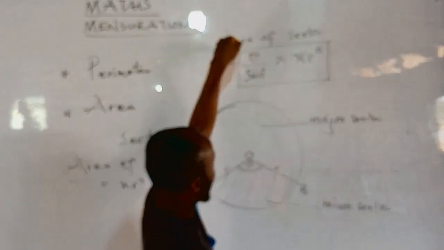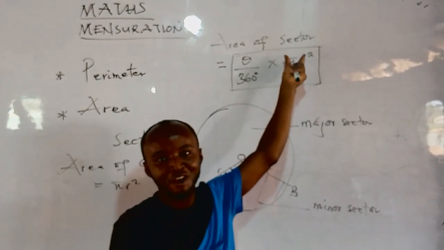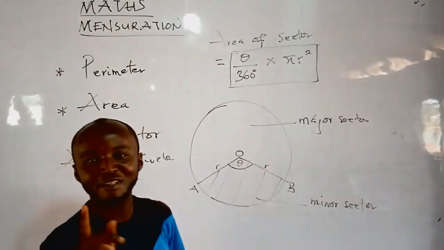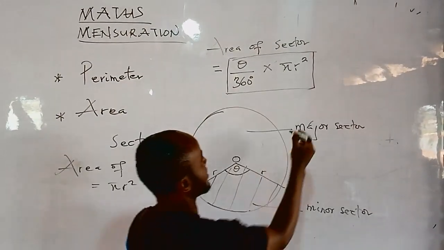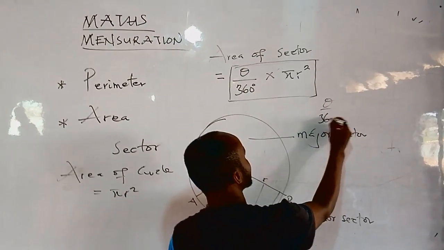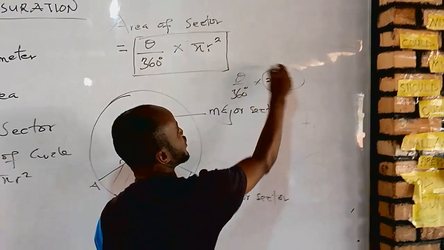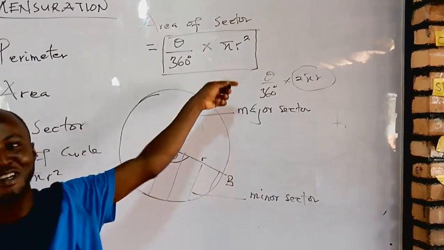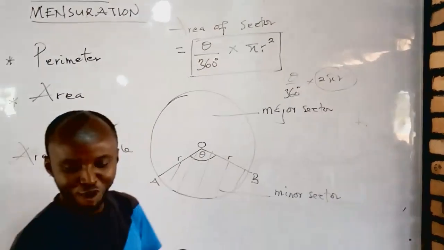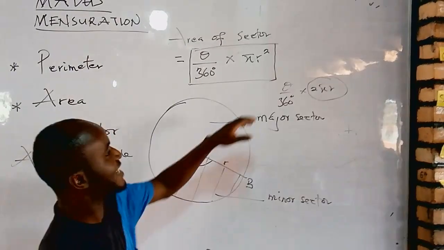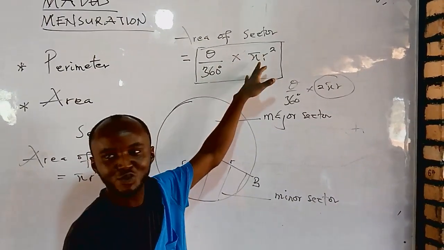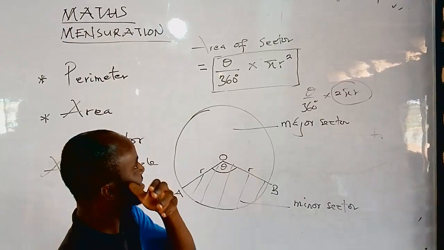The moment you see area, don't forget it is pi r squared. The one mistake that students make is that they normally write the area as theta out of 360 degrees times 2 pi r. Even the 2 pi r alone should tell you that I'm not calculating for area. So please take note of the formula. Theta out of 360 degrees times pi r squared. Alright.